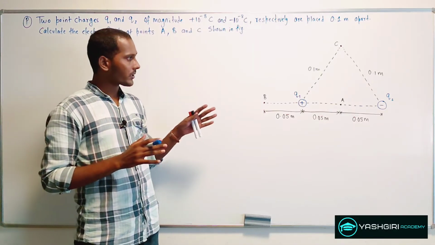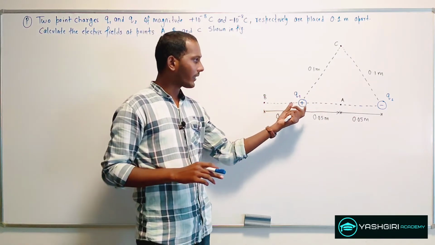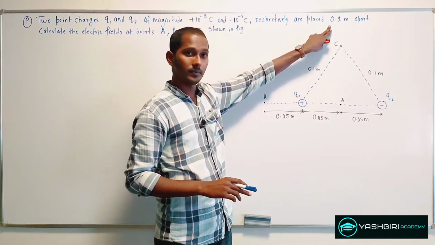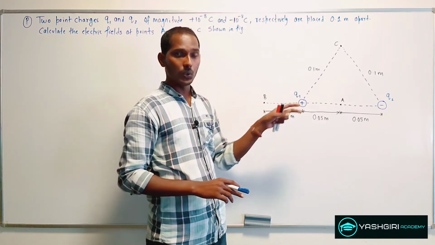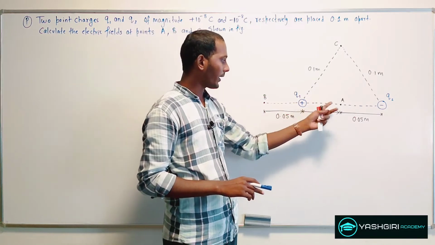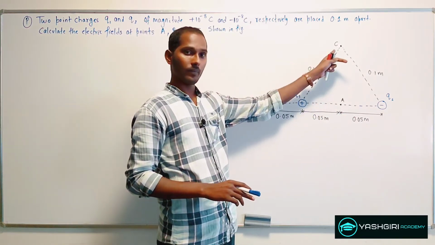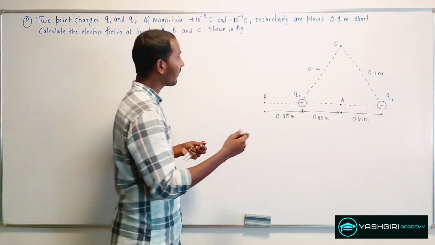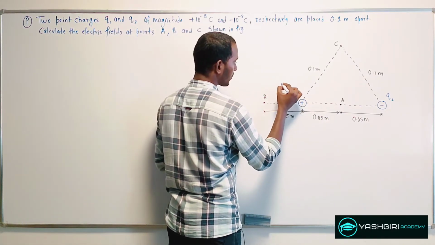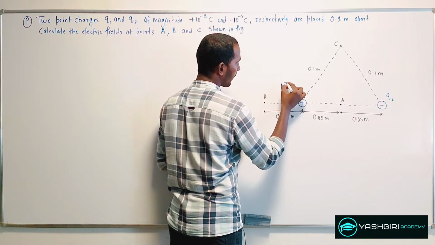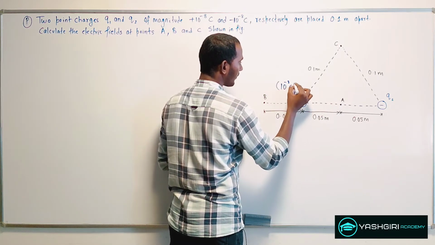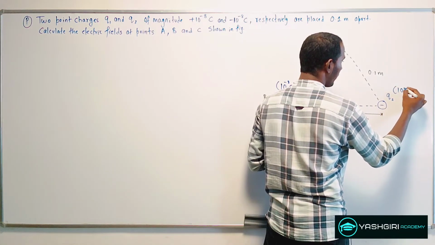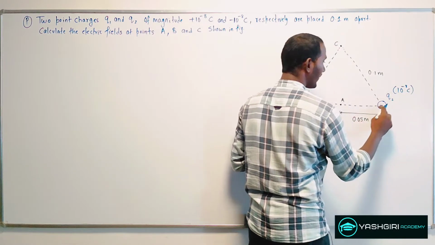Now in this question, you are given two charges, Q1 and Q2, separated by a distance of 0.1 meters, and you are told to calculate the electric field at points A, B and C. The magnitude of the charge Q1 is 10 to the power minus 8 Coulomb, and for Q2 it's also 10 to the power minus 8 Coulomb, but it is a negative charge.